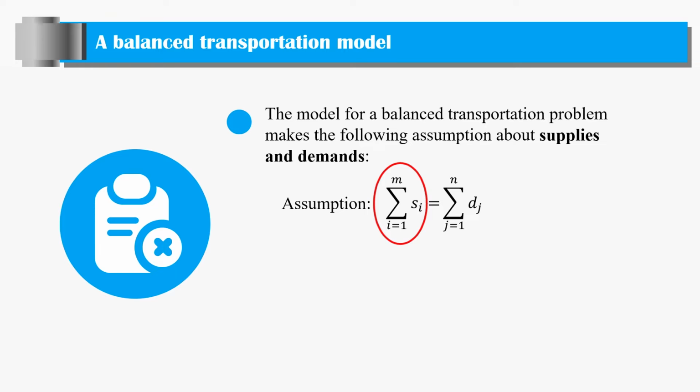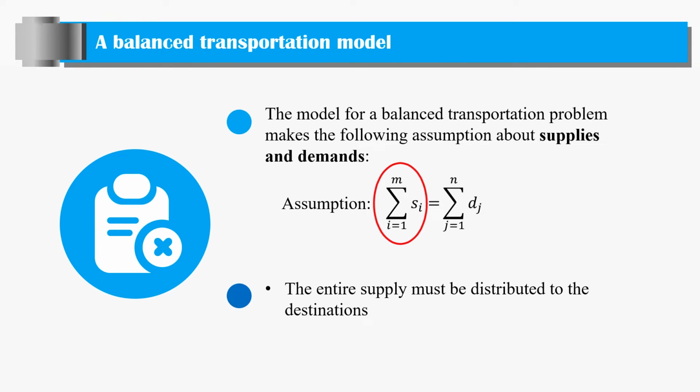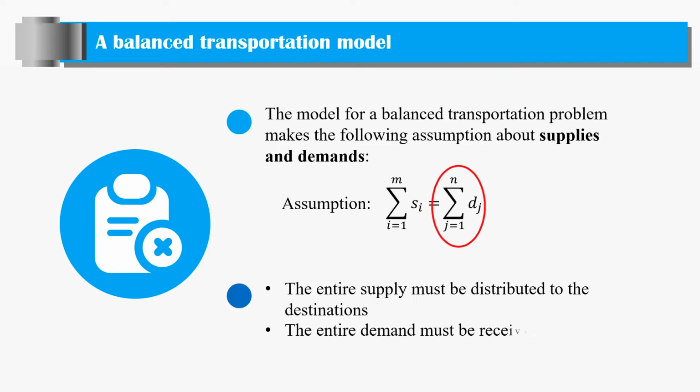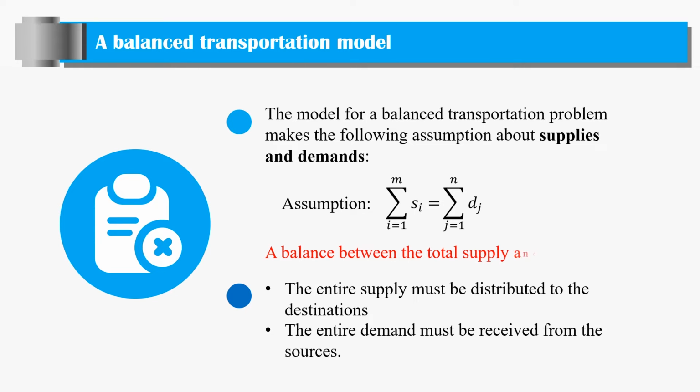The left side of the equation means the entire supply must be distributed to the destinations, and the right side means the entire demand must be received from sources. Thus, the equation presents a balance between the total supply and the total demand, which is an additional constraint for the balanced transportation model.